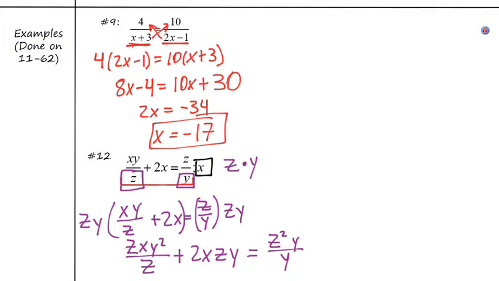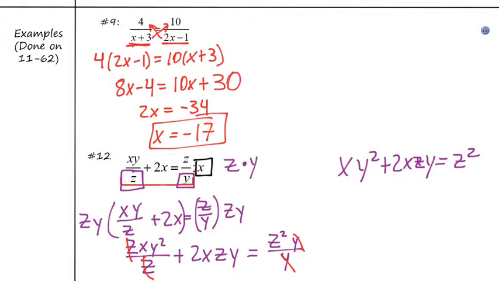All right, and we notice that we have some things that will cancel out here. So we've got z and z will cancel, and then over here we've got y and y will cancel. So we're left with xy squared plus 2xzy is equal to z squared.